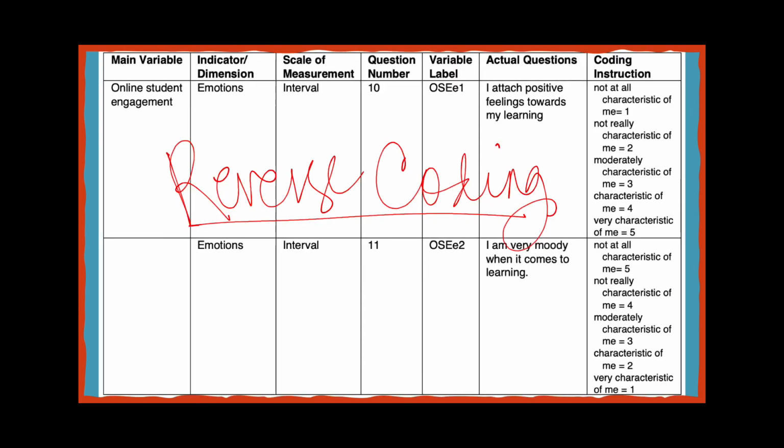Okay, and then there is the process of coding we call reverse coding. Reverse coding is where the actual question is asking something that is the negative, or the reverse, of what is really being asked by the variable. So for example, we're asking about online student engagement. Usually when the score is higher, it means that engagement is good.